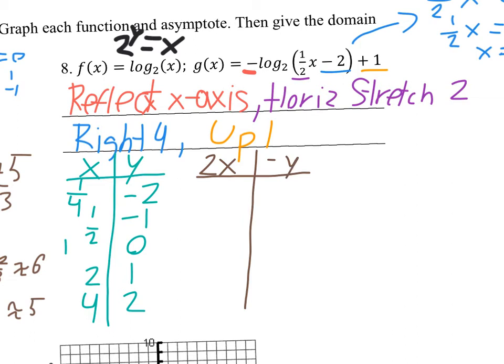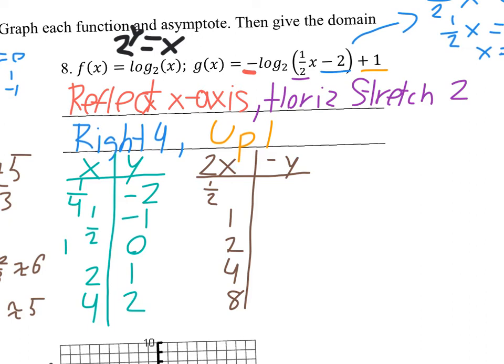We're going to use our previous columns for this. 2 times x, so 2 times 1/4 is the same as 1/2. 2 times 1/2, the same as 1. 2 times 1 is 2. 2 times 2, 4. 2 times 4, 8. And all this while, folks, all I'm doing is I'm taking this 2x, I'm plugging in this column of x's for this x here. Okay?